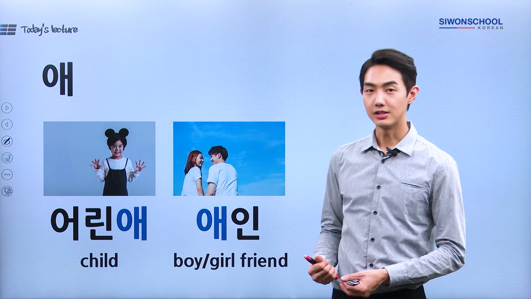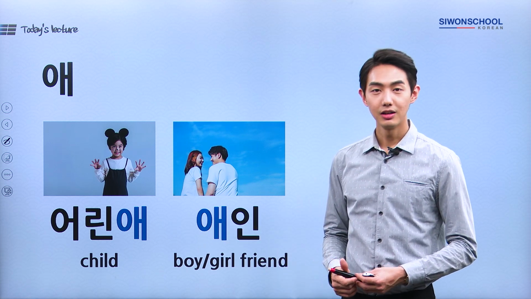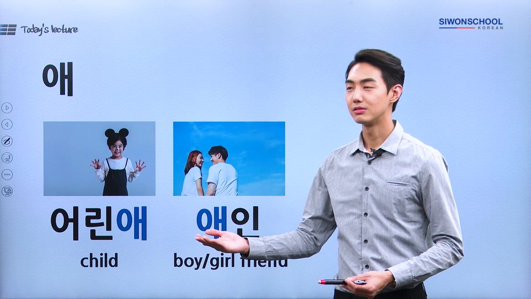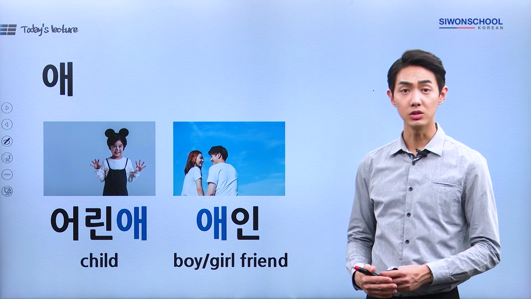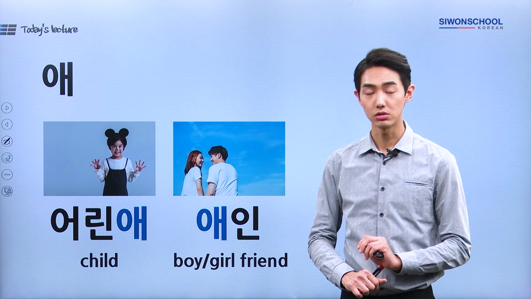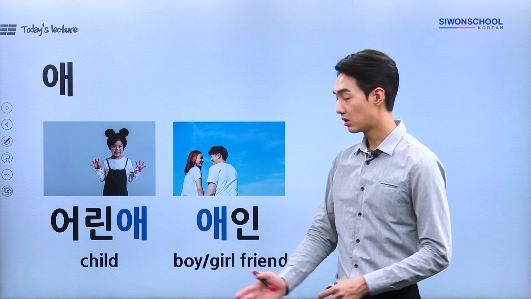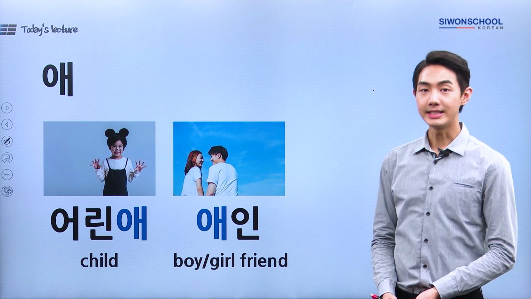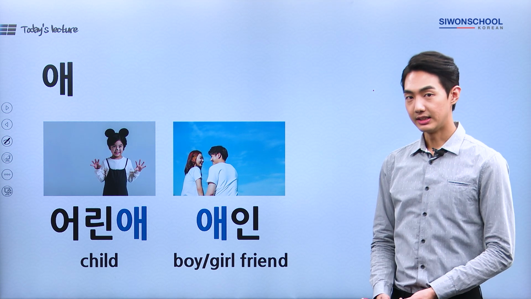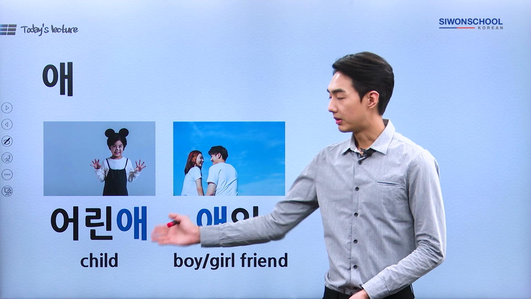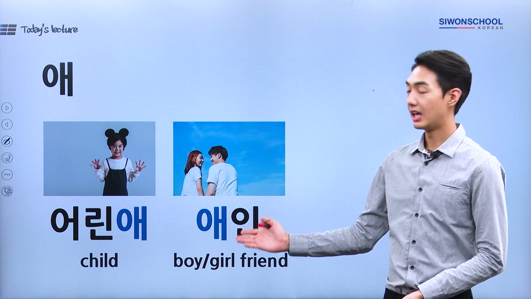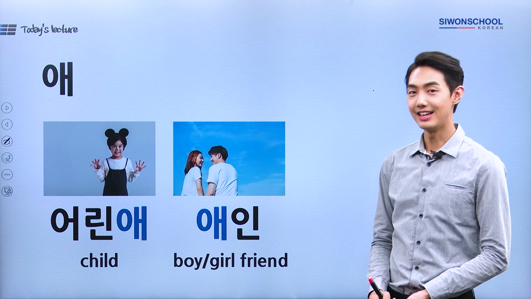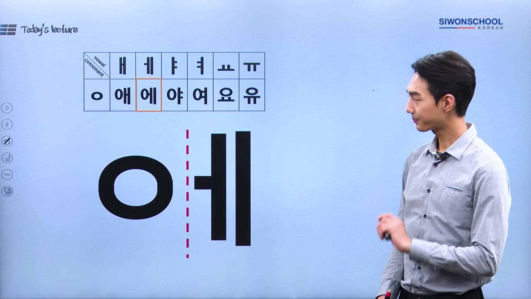Or, yes, this is my lover is more like it. I guess you say spouse in a formal situation. And 애인 you can also use in a formal situation. So if you know it, it's okay. So how do you say it? 애인, 애인. Repeat after me. 어린애, 어린애. 애인, 애인. Good job.